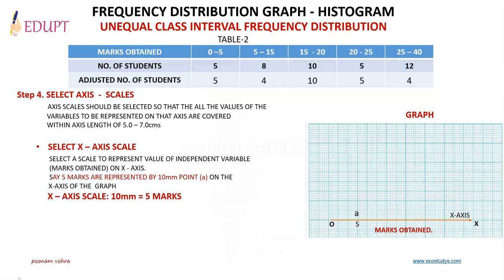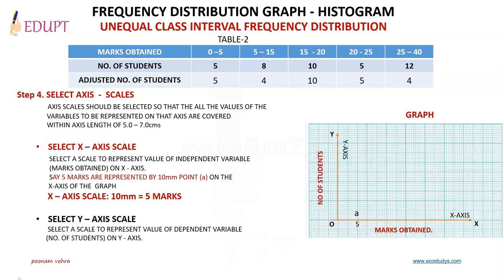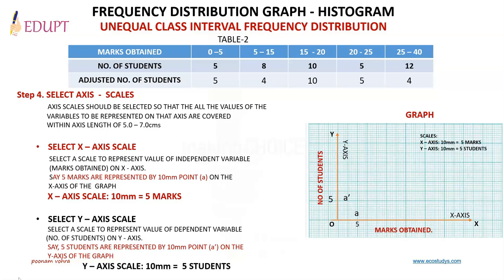So the scale would be 10 mm equals 5 marks. Then select the y-axis scale. Here 5 students are represented by 10 mm, point A dash, on the y-axis of the graph. So the y-axis scale is 10 mm equals 5 students.